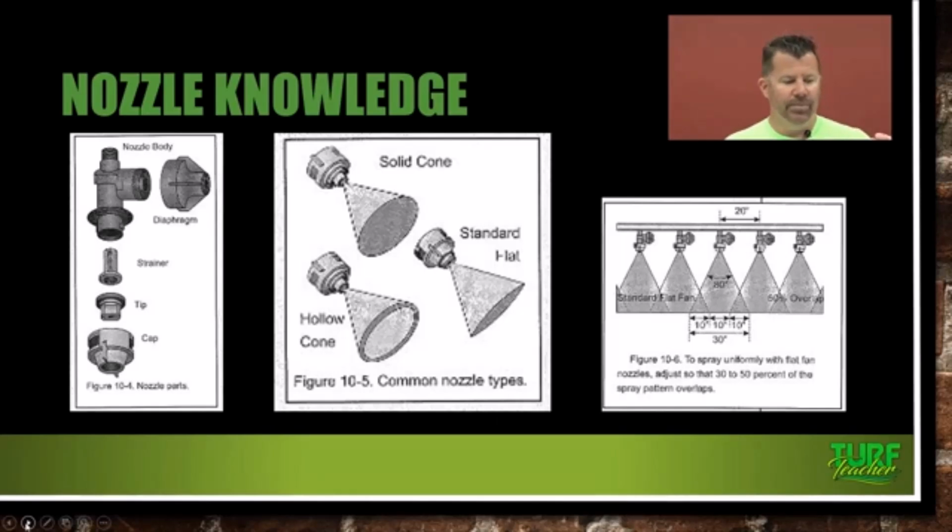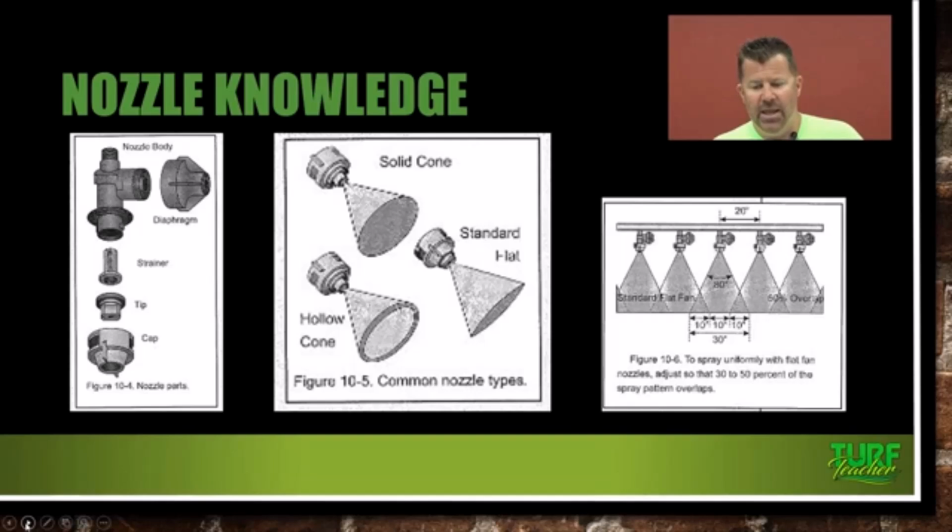On the left here in figure 10.4, those are good pictures of the parts of a nozzle. And then figure 10.6, guys, we're talking about your overlapping. And then here it says to spray uniformly with a flat fan nozzle, adjust so that 30 to 50% of the spray pattern overlaps.